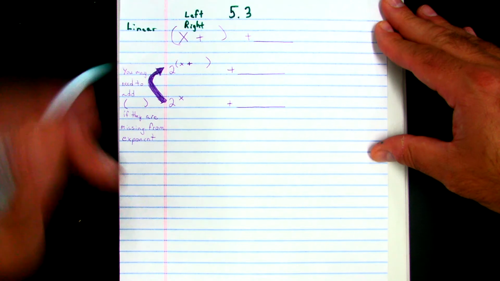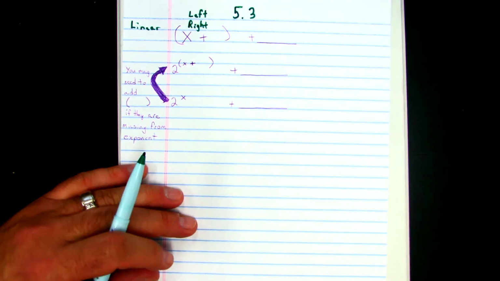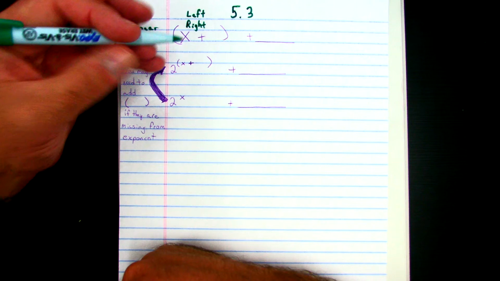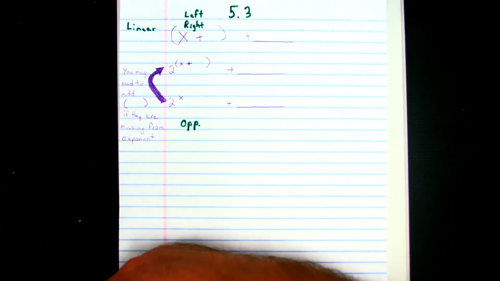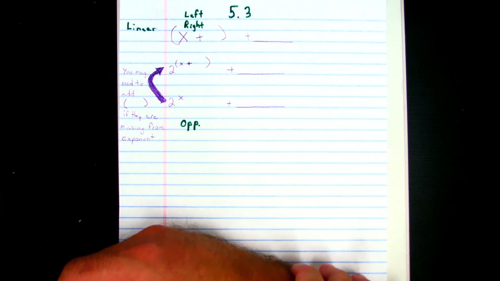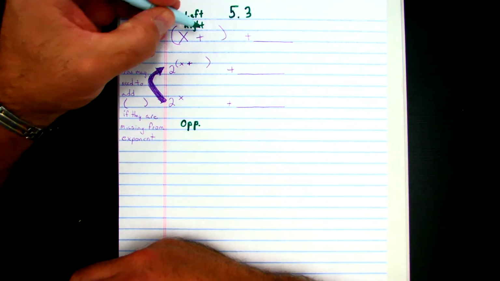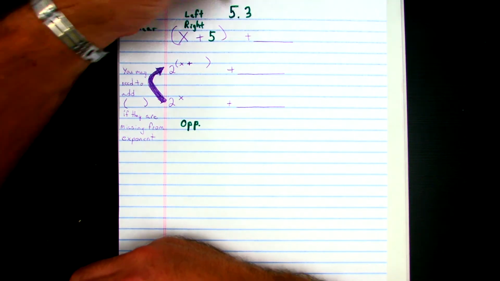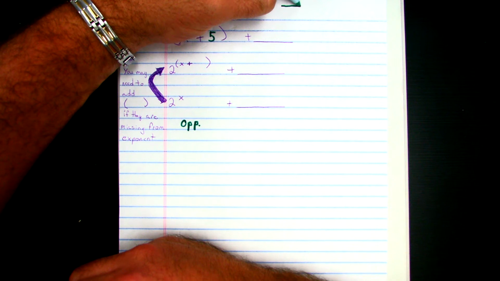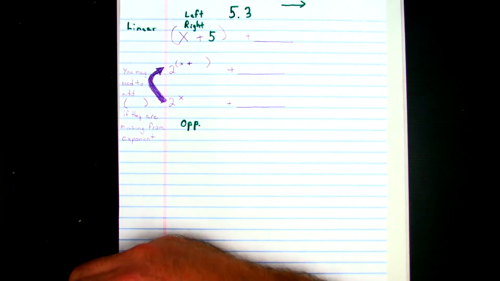Now there's a trick to this. It's always the opposite of what happens on a number line. So for example, if I said it was x plus 5, that normally means that on a number line I would be going to the right.